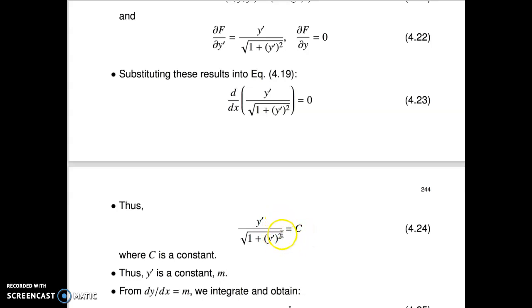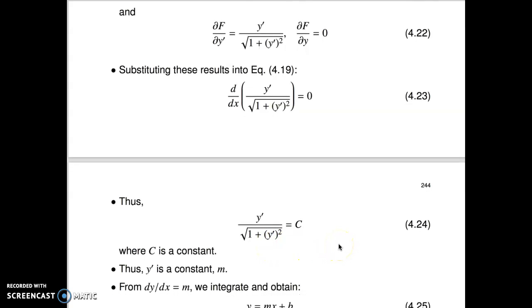If this expression is a constant, then y prime itself is equal to a constant. Again, if you don't believe me, square both sides, construct the quadratic equation, and solve for y prime. You'll see it just depends on the constant c, therefore it's constant. So let's call the constant that is y prime, m.